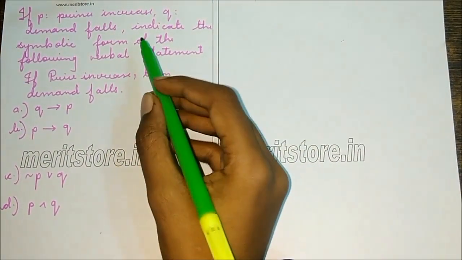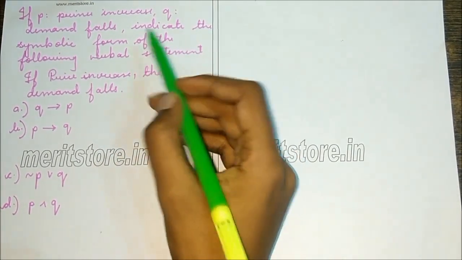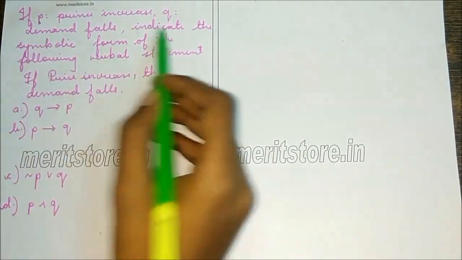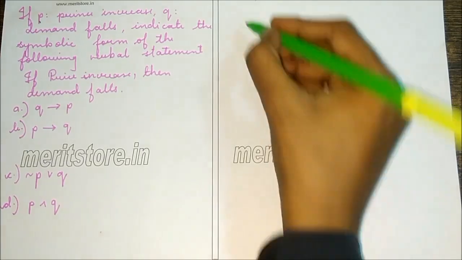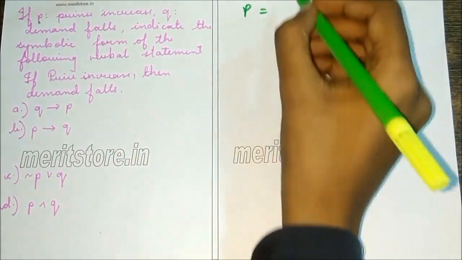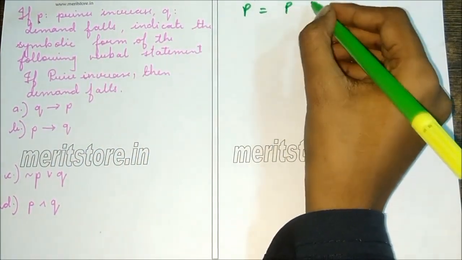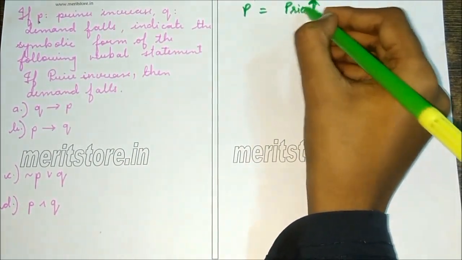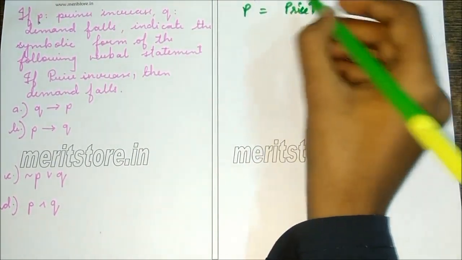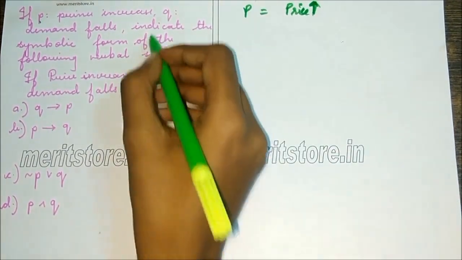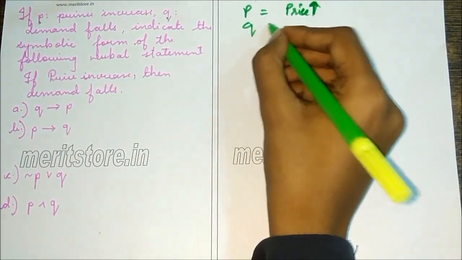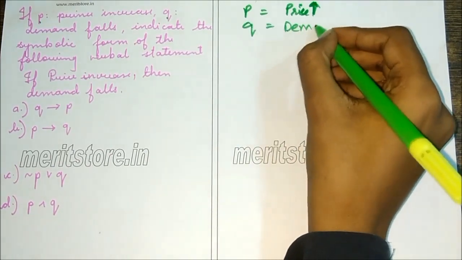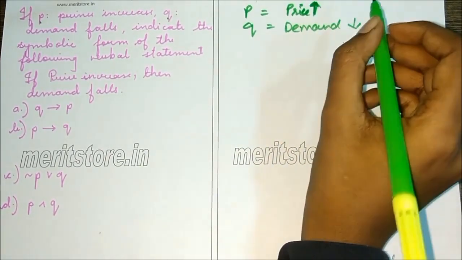Now we are back to comprehensive questions. We'll be using the statements P and Q for the next 5 questions. Statement P is price increases. Let us denote this by the symbol P. Q is demand falls.